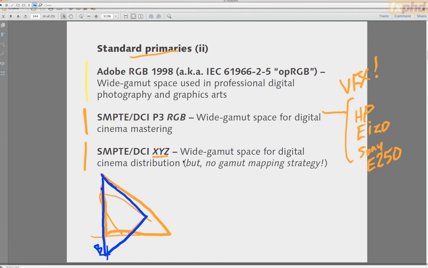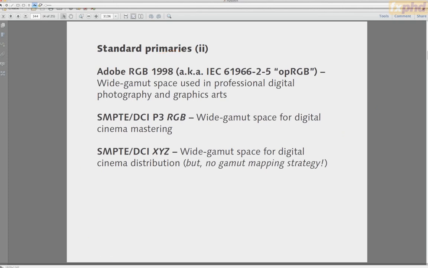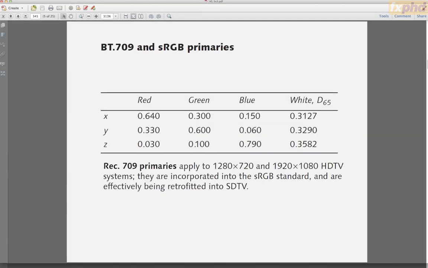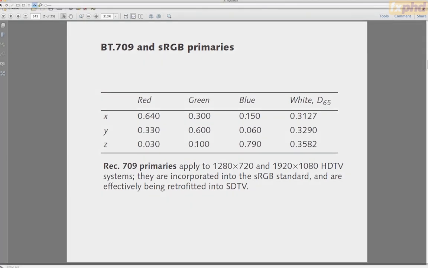So another set of standard primaries new to my chart is ACES. So we characterize primaries by the little x, little y, little z coordinates of the 3 RGB. And we assume that it's additive mixture.